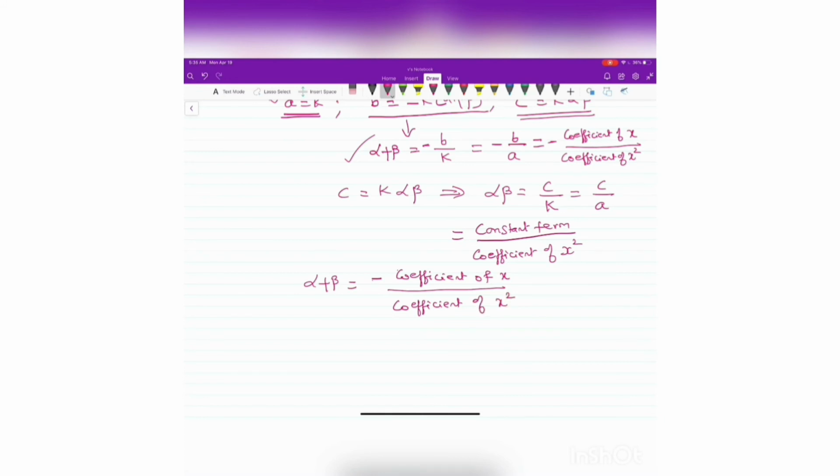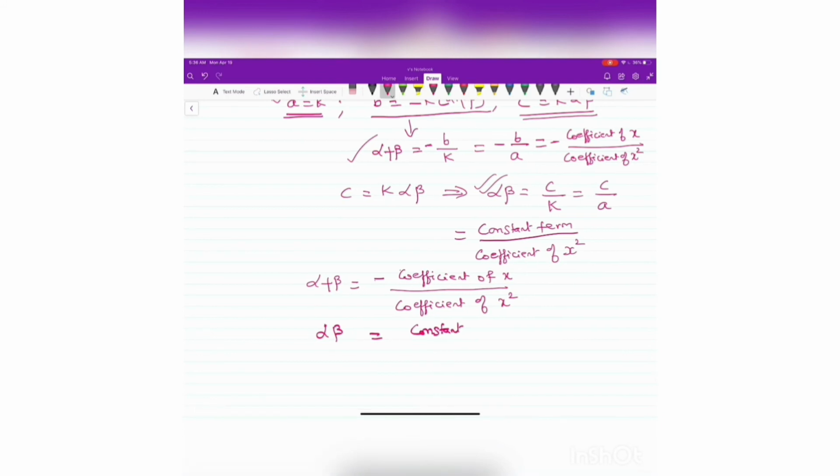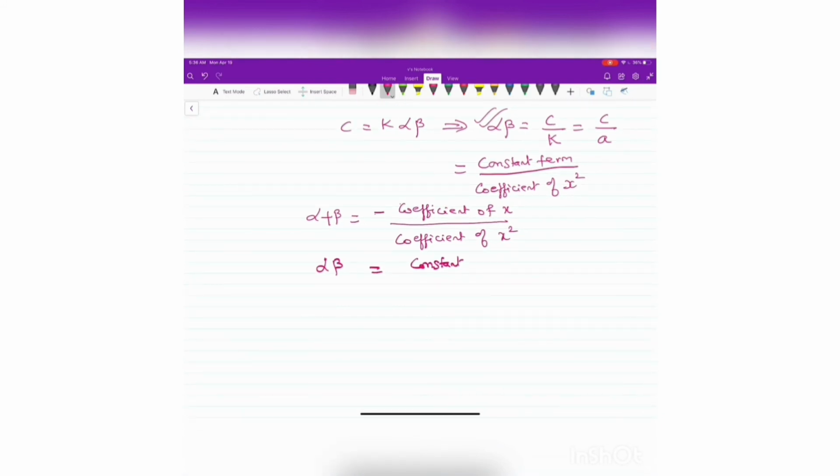Then from here what we got? Alpha beta is equal to constant term by coefficient of x square.